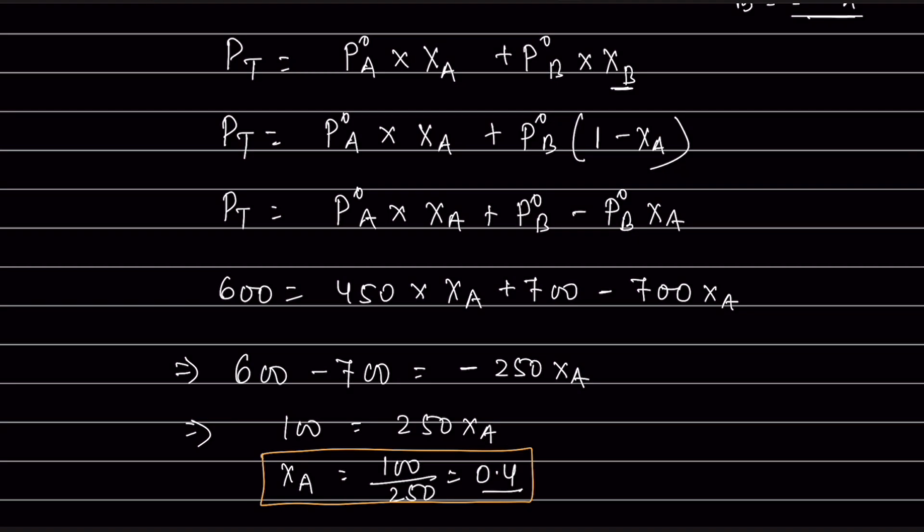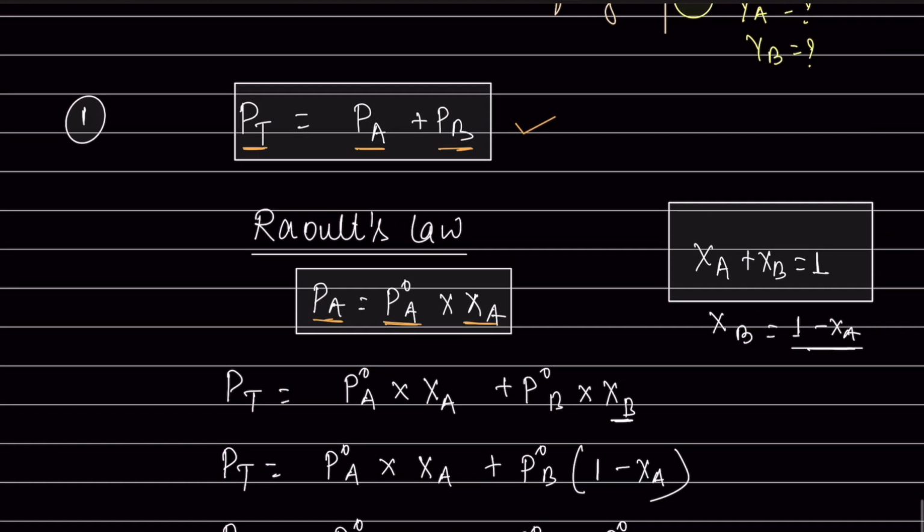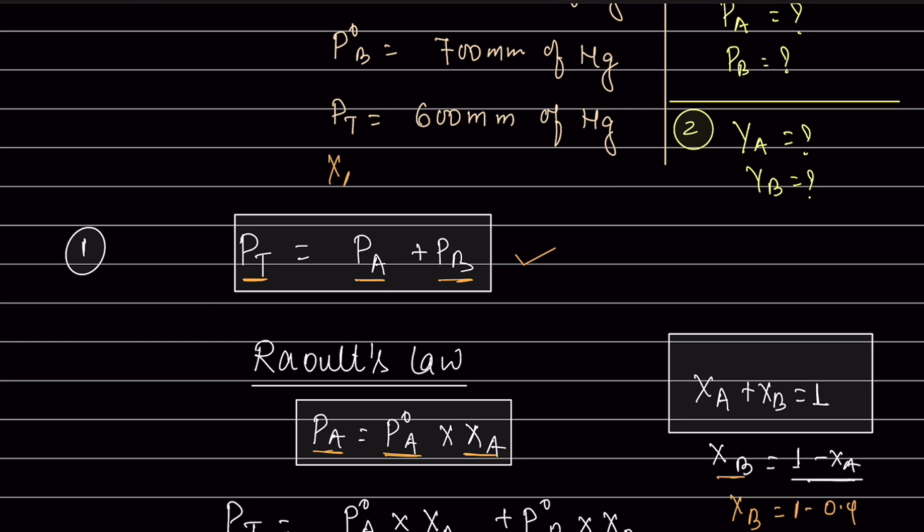If we have to find the value of Xb, we can substitute in this relation. Xb is equal to 1 minus 0.4, which is equal to 0.6. So we can say that Xa is equal to 0.4 and Xb is equal to 0.6.